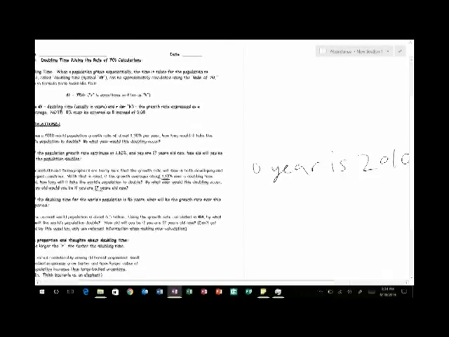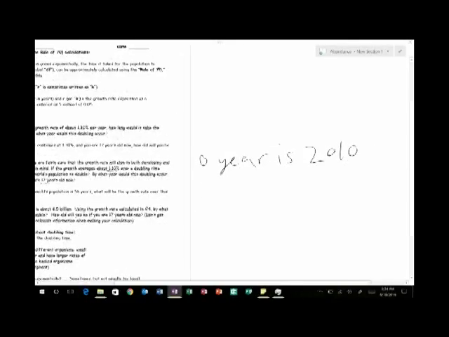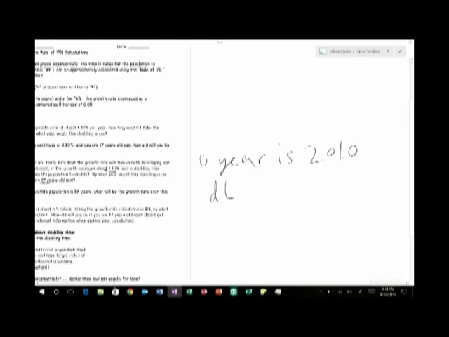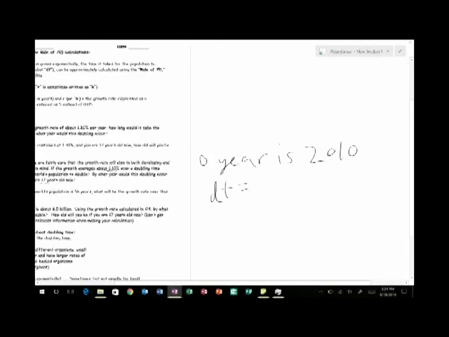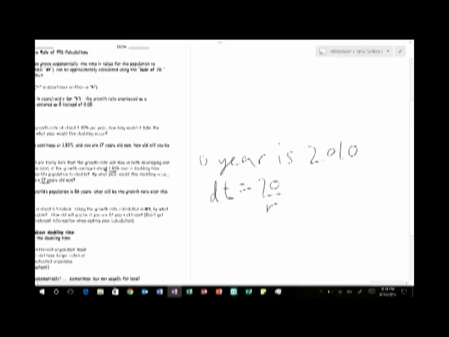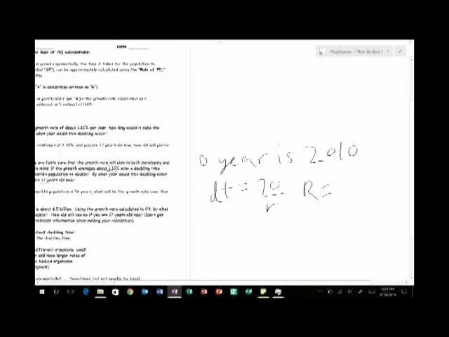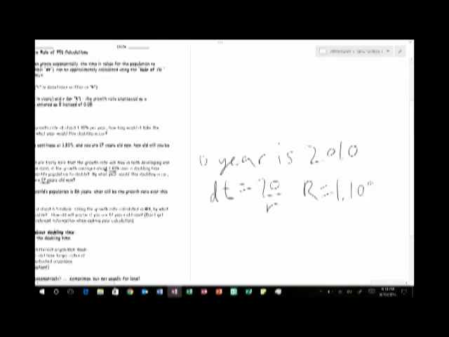So what we're going to do is use our DT formula again. DT, or doubling time formula, equals 70 divided by R, with our R being 1.1%.